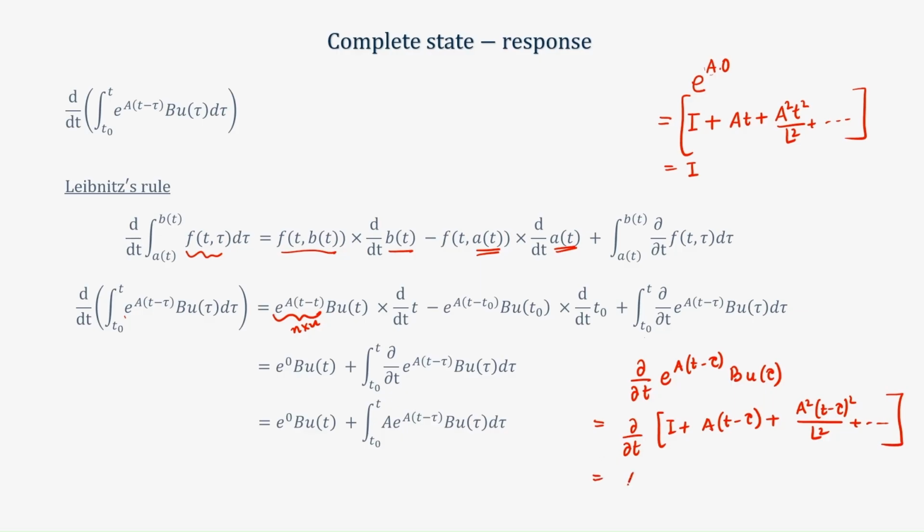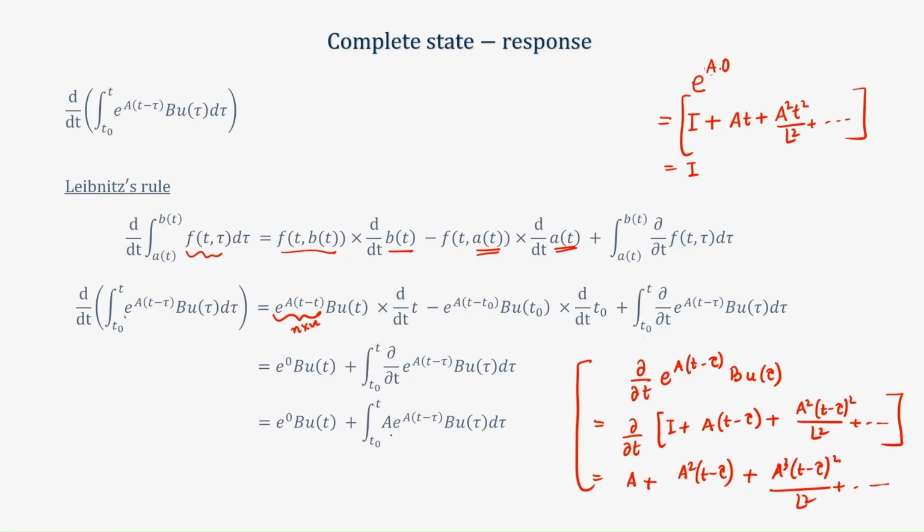And then if we differentiate, we will be left with A, and then we will have A squared (t minus tau), then we will have A cubed (t minus tau) whole squared by factorial 2, and so on. From here on the left I can take A as common, and I will again be left with the same term. The derivation is exactly similar to the derivation that we did when we showed that x dot equal to Ax, that 0 input case. I am not rewriting that again, you can go ahead and look at that.